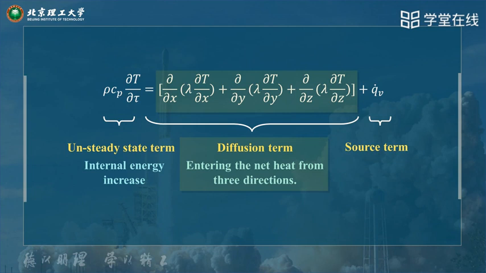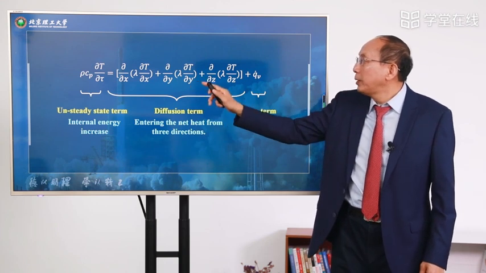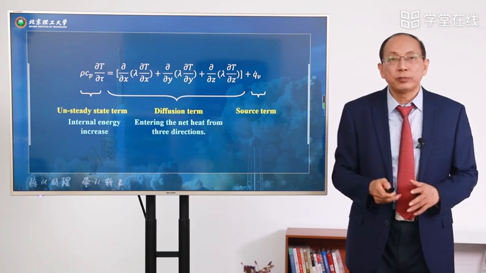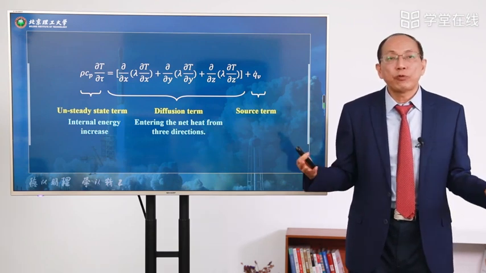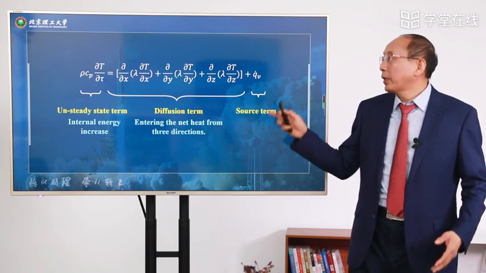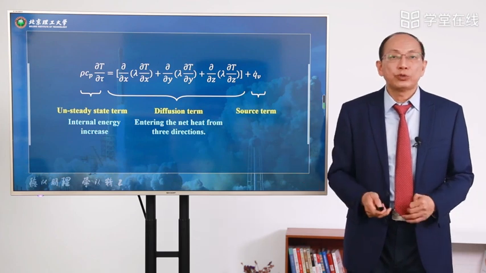This other term is the source term, meaning generation from the body. In this case, maybe lambda, Cp, rho are not constant, and may change with temperature. No problem, because this equation is a general equation.